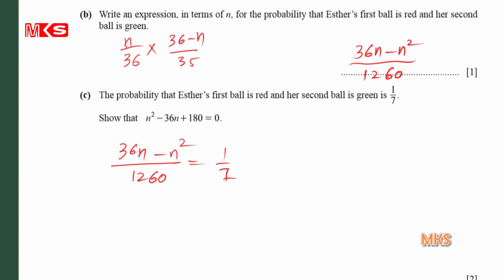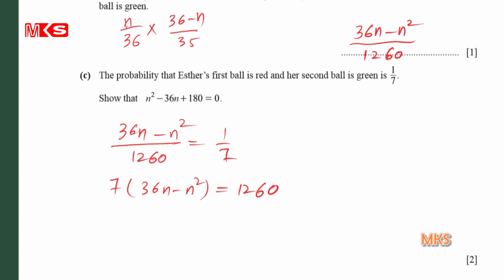We will cross multiply and that will become 7 into 36n minus n square is equal to 1260. So that will be minus 7n square plus 36 times 7 is 252n, minus 1260 is equal to 0.